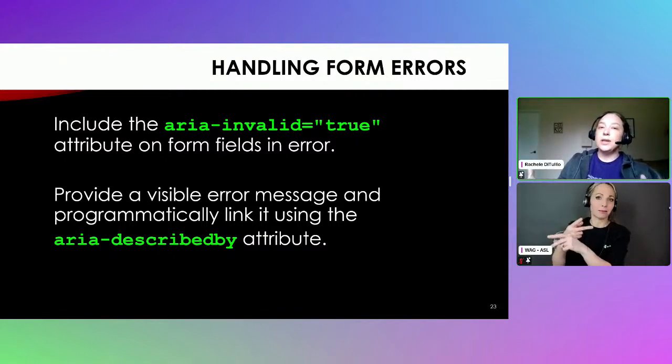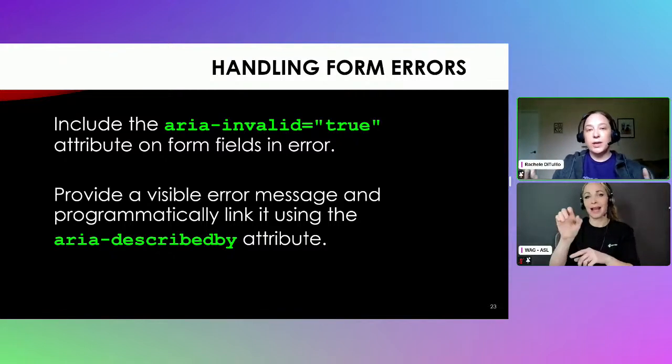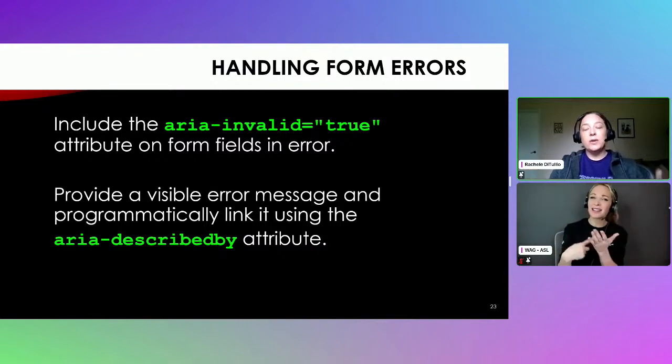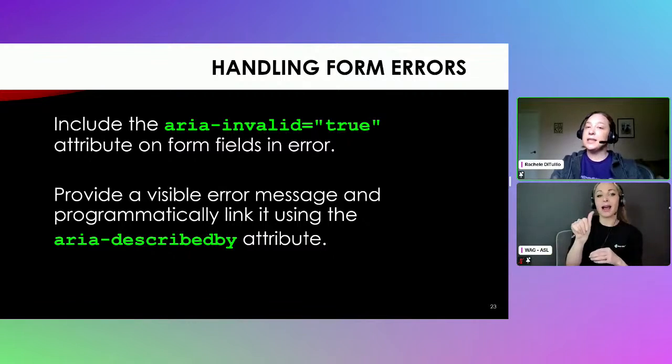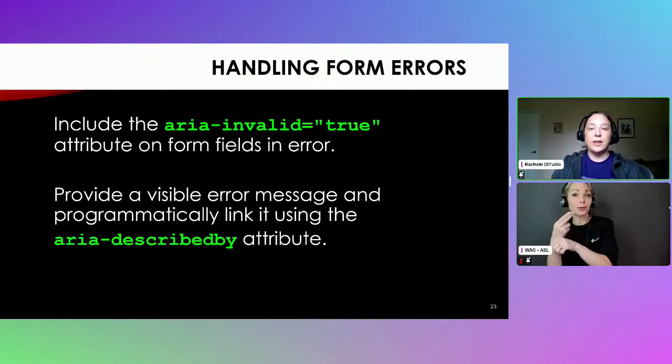If your user submits the form with bad data, you want to return that form and include another ARIA attribute in your input. That attribute is aria-invalid, and you want to set it to true. What this does is allow assistive technology users to hear that a form field's data is invalid when they return to that form field that's an error.